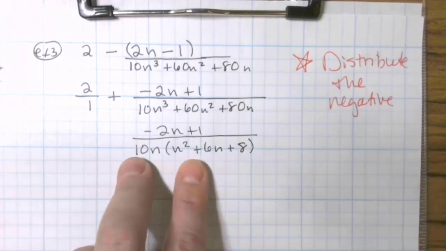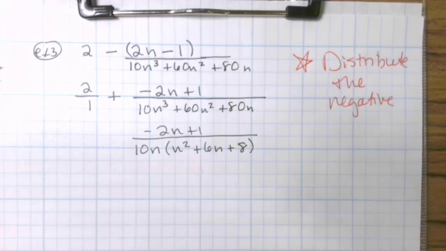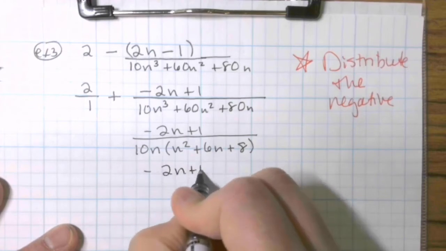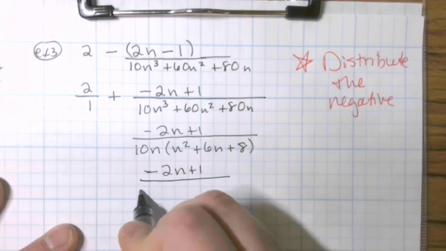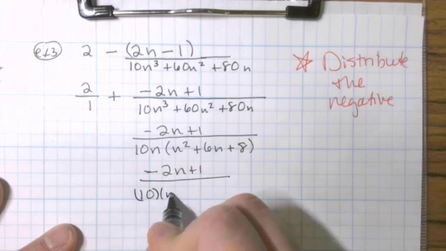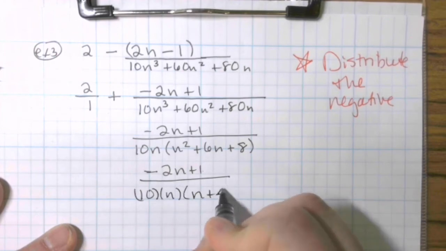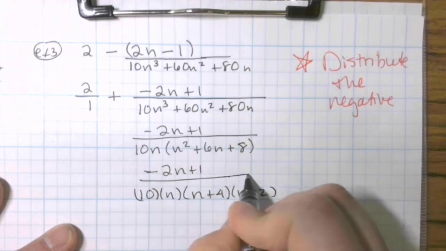That's 80n, 60n squared, 10n cubed. That does actually factor. We have a 10 and an n into n plus 4 times n plus 2.